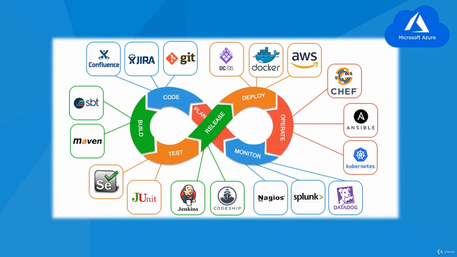We could use Maven or any other tools like Gradle for build purposes. We can monitor with Splunk, Datadog, or more things. We could have a release, deploy, operate, monitor, plan, code, build, test, and these cycles continuously moving again and again.